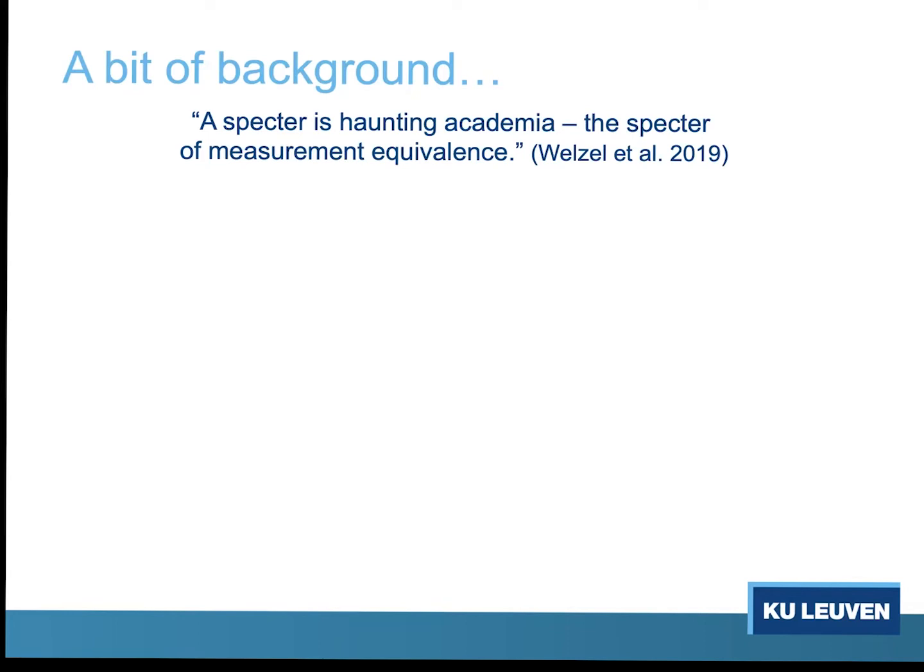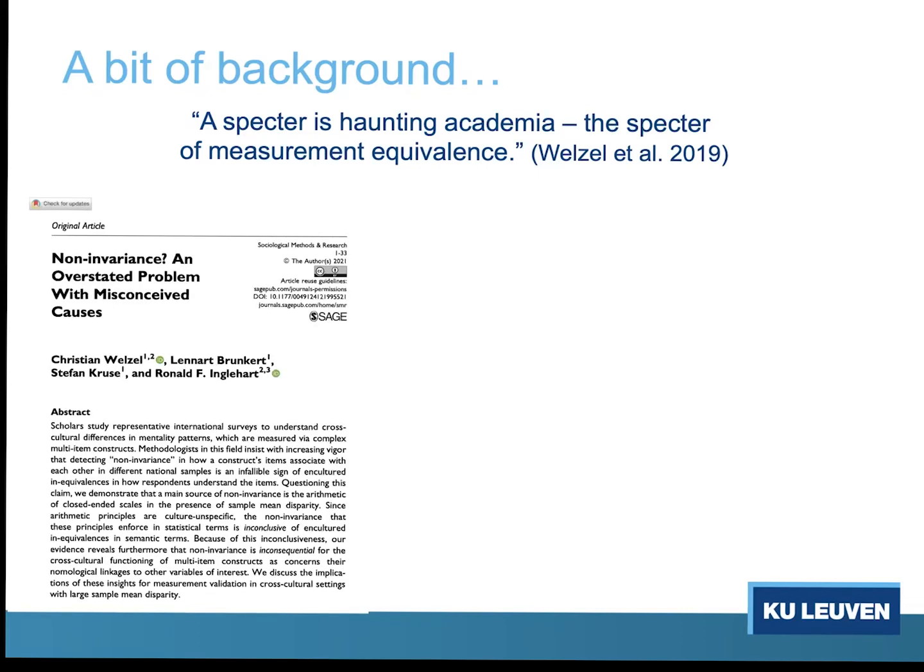What I will present today is also written down in a paper. It was a commentary on a paper first published by Christian Welzel and his colleagues recently in Sociological Methods and Research, entitled Non-Invariance, an Overstated Problem with Misconceived Causes.